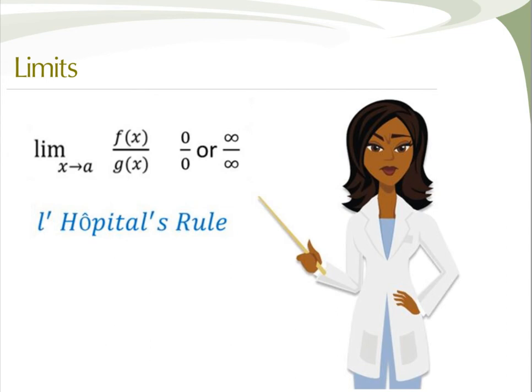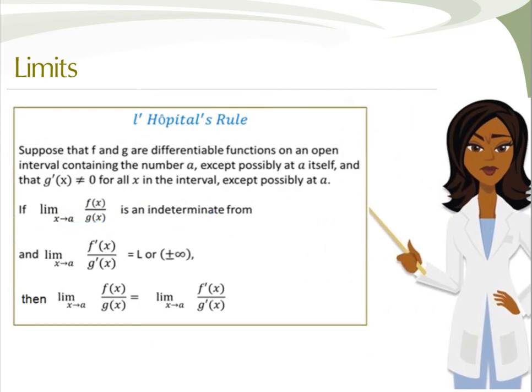Now, what is the statement of this rule? Suppose that f and g are differentiable functions on an open interval containing the number a, except possibly at a itself, and that g prime of x is not equal to 0 for all x in the interval, except possibly at a.